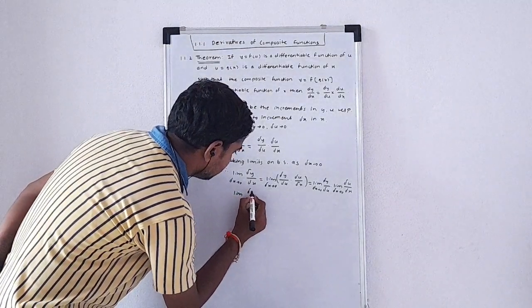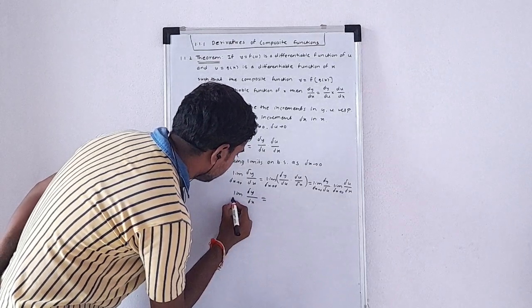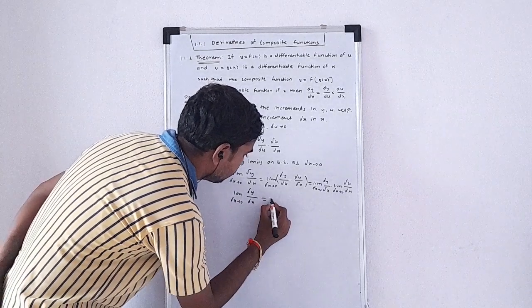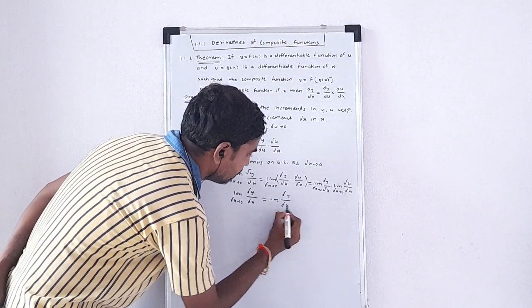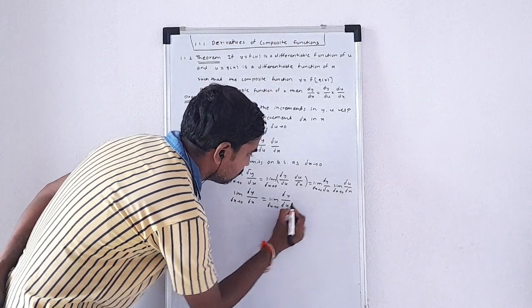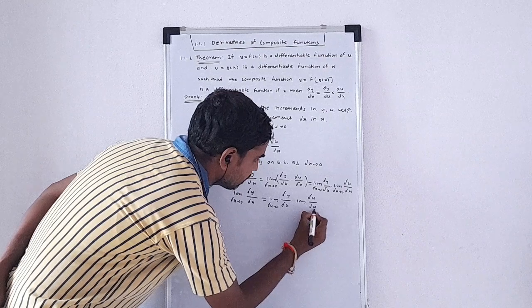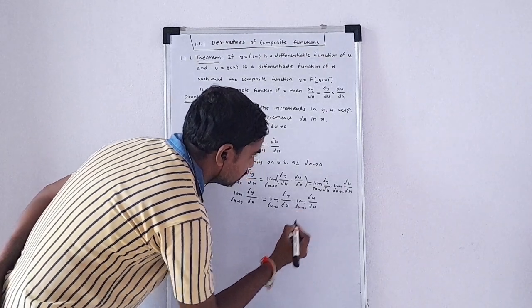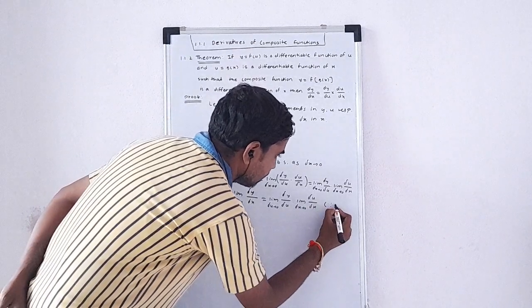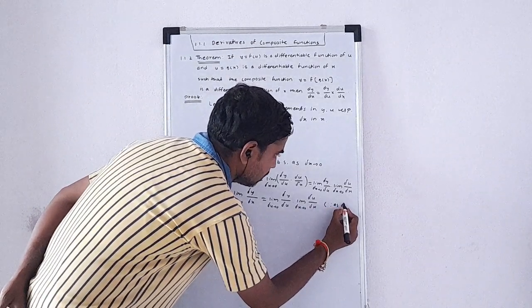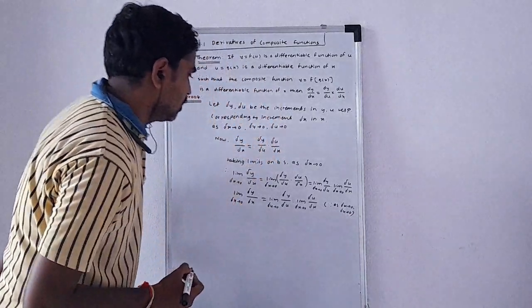We are changing this term in the next step: limit of delta y by delta x as delta x tends to 0 equal to limit of delta y by delta u as delta u tends to 0, and the second term as it is, limit of delta u by delta x as delta x tends to 0. Reason for this change is as delta x tends to 0, delta u tends to 0.